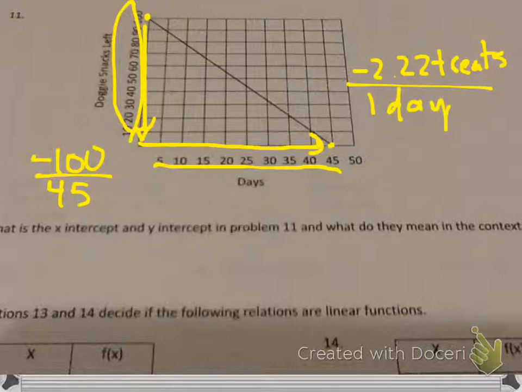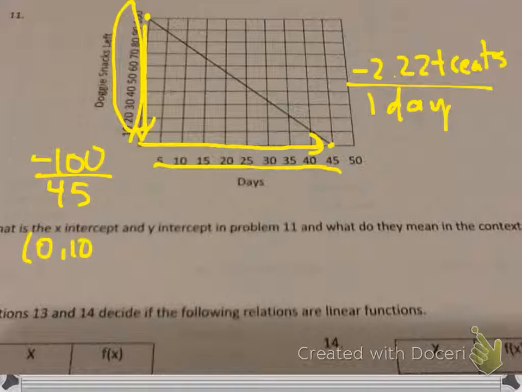So what that means is the dog is eating, or I'm giving away, approximately 2.22 treats each and every day. Obviously you're not going to give 0.2 of a treat, but you're giving 2 to 3 treats a day on average.